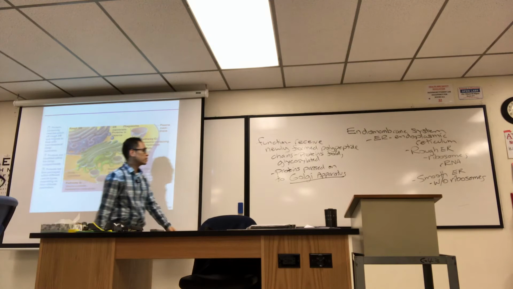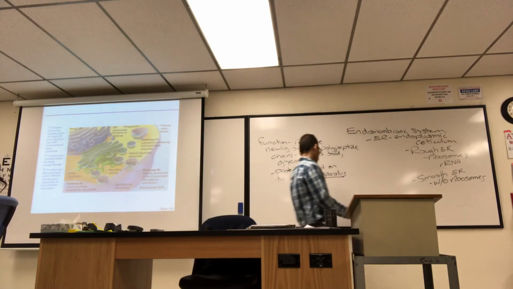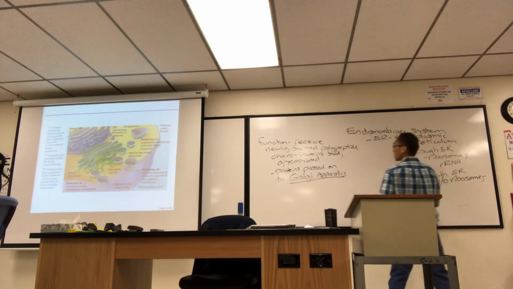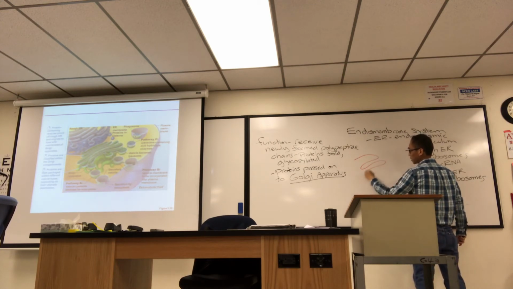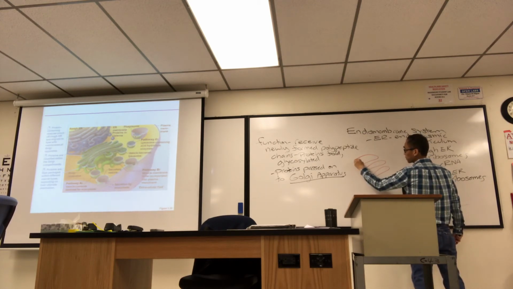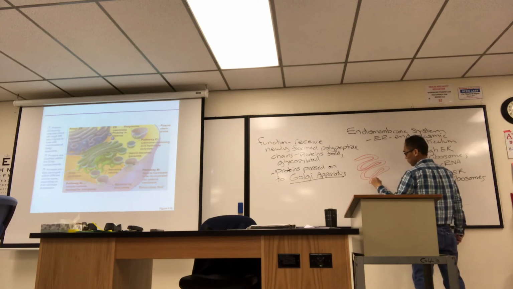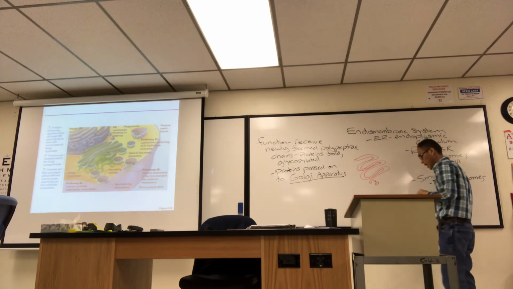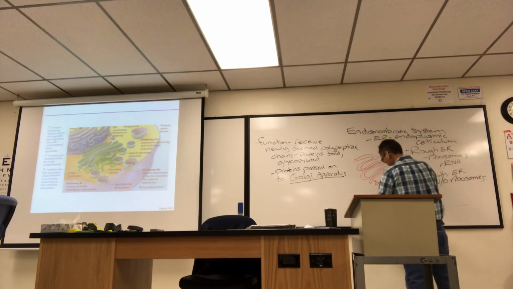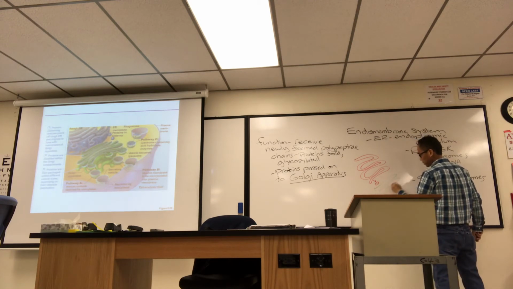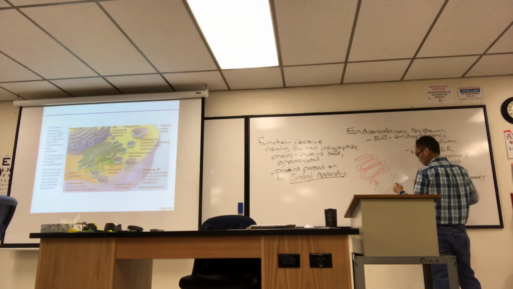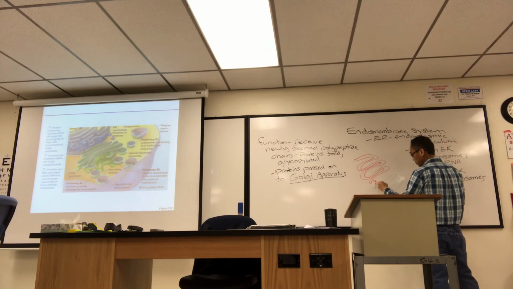So let's say you have ER, this cavernous thing. Your little protein vesicle that got pinched off is being handed off to Golgi next. It looks like a stack of pancakes here. And you're going to fuse with that structure.